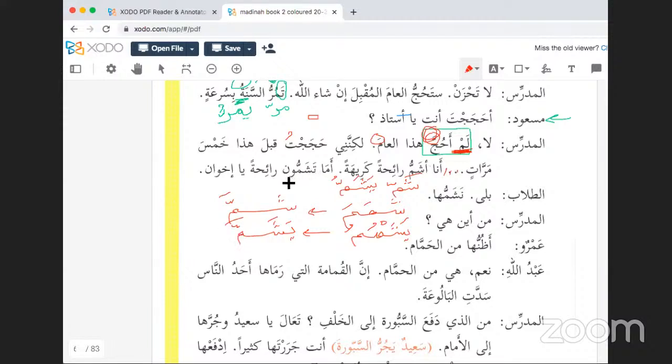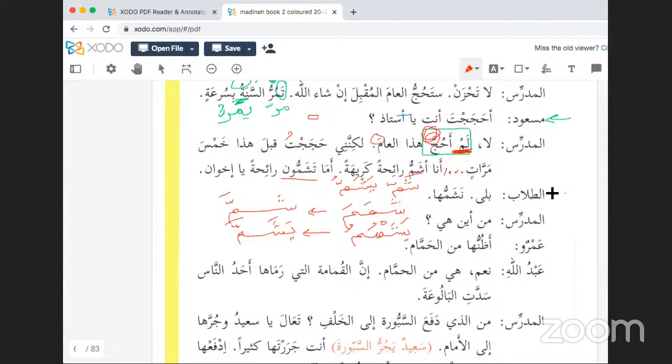And also in the fi'l mudari', tashummuna, also the same. But if you were to add a damir in the fi'l madi, you would say shamamtu, shamamta. Okay.